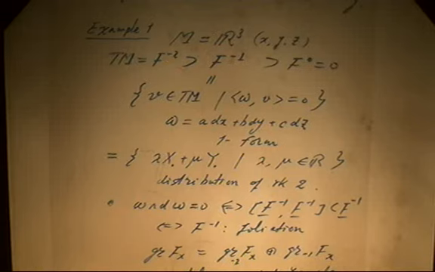So F^(-1) is defined by ω = 0 for a one-form ω, and F^0 is 0. Then for any ω, F^(-1) and F^0 satisfy the condition that I described before, so it becomes a filtered manifold.